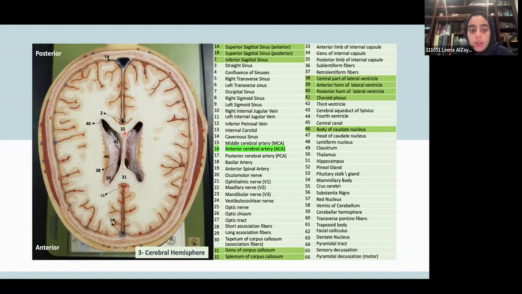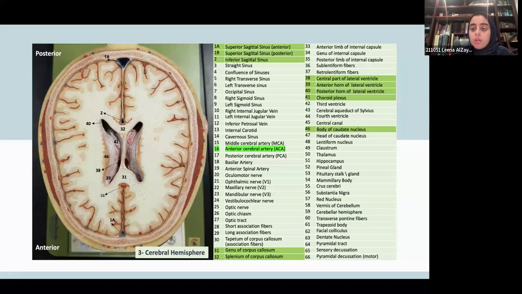And then we have the corpus callosum, which is 32. 32 is the splenium, which is the end of the corpus callosum, and this is the start of the corpus callosum, which is the genu. And again, it's the same concept as the superior sagittal sinus. It's just a U shape going from the top, and you're cutting off to a specific area of the corpus callosum.